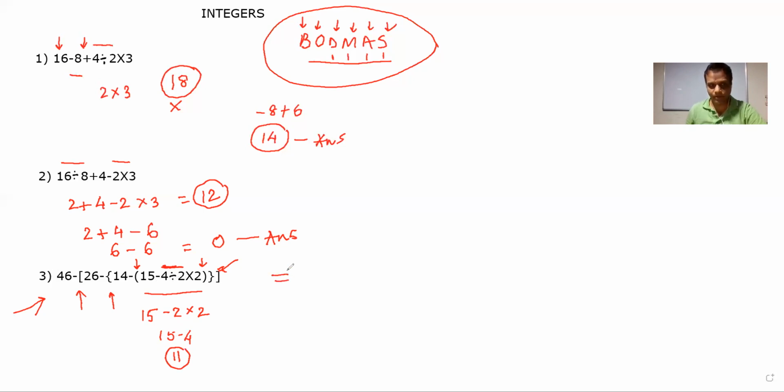Now in the next step, I'm going to write 46 minus big bracket 26, which I'm not going to touch, minus curly bracket starts 14 minus, and what I have got under this small bracket, 11. So 14 minus 11, curly bracket close, big bracket close. Now the next step is to target the curly bracket. So 14 minus 11, very simple.